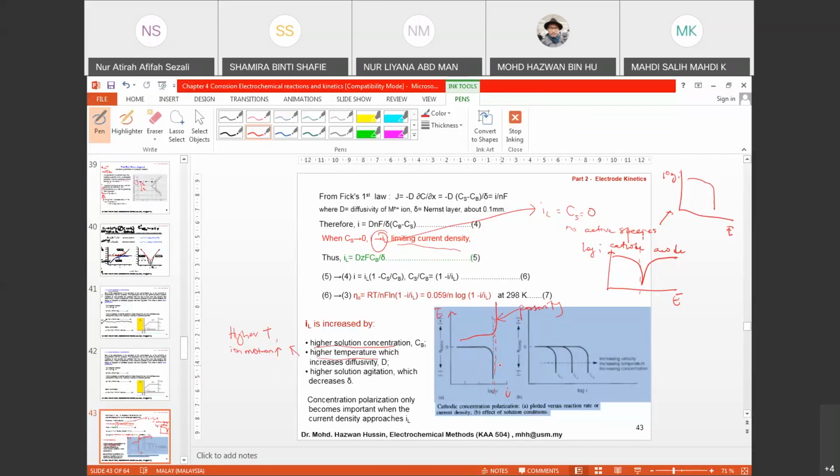For example, if you are working in an acidic solution, it means you don't have H plus anymore. H plus or your hydroxide ions is equal to 0.